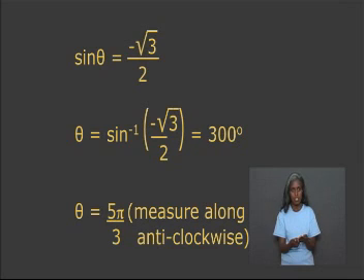Therefore, z equals r times cosine theta plus iota times sine theta.